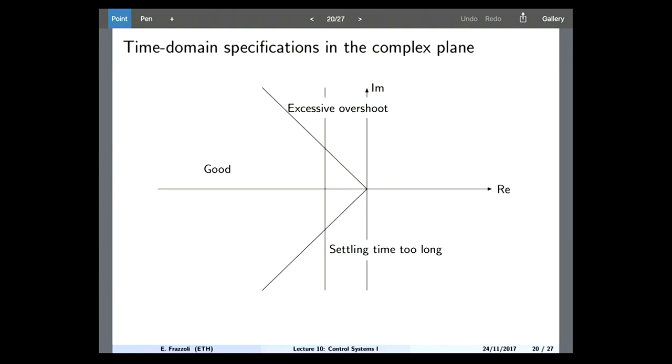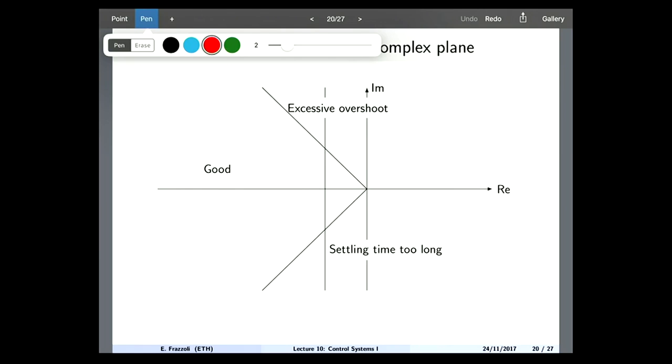If you look at the complex plane, essentially what you want is to pick locations of the closed loop poles on the root locus branches that are to the left of this line, right?